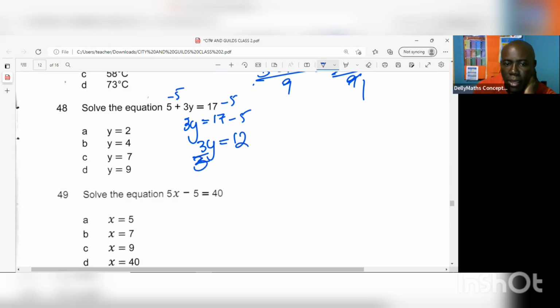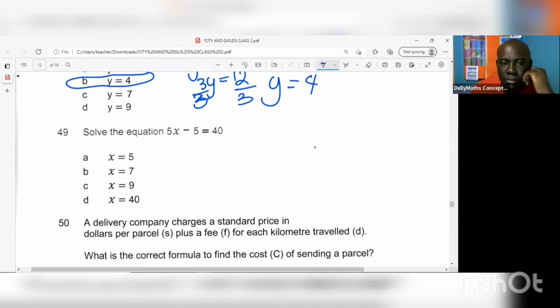Divided by 3, divided by 3, y is equal to 4. Solve the equation here. We're going to be adding 5 to both sides. 5x is equal to 45, divided by 5, divided by 5. x is equal to 9.